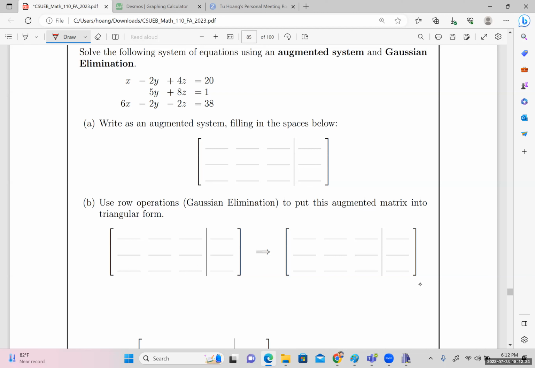I will allow both ways if you want, but for part A, you must put out the augmented matrix as 1, -2, 4, 20, and then the next one, 5, 8, 1. The last one is 6, -2, -2, and 38.